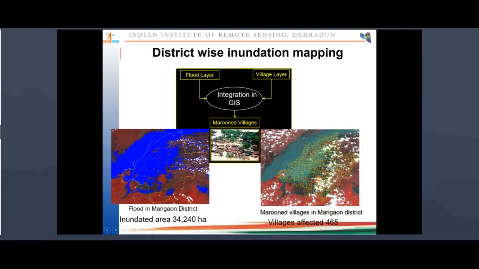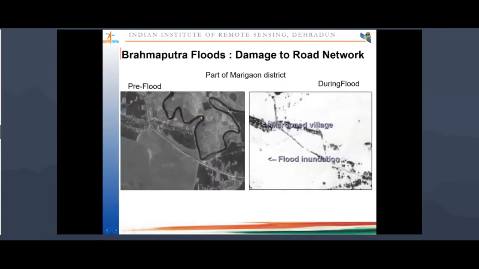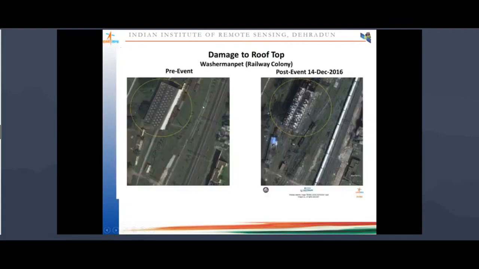Okay. This is damage assessment. Look at this road before flood and road after flood. You can see the road before flood and road damage because of the flood. Now this is one cyclone that also created havoc. And if you want to see how the damage of the roofs is, let us say, this is one example, high resolution data.